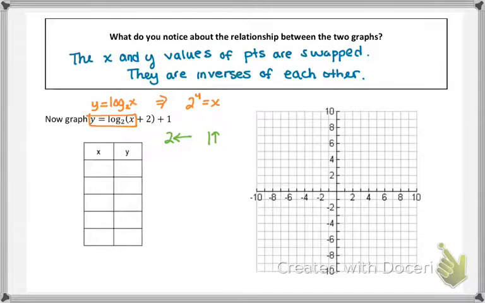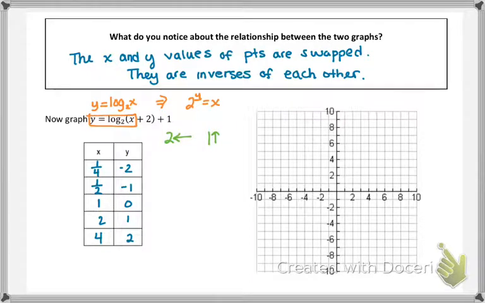So we're going to pick values for y: -2, -1, 0, 1, 2. And plug y in to solve for x. 2 to the -2 is 1/4, then 1/2. 2 to the 0 is 1. 2 to the 1 is 2. 2 squared is 4. Okay, and that's our parent function.